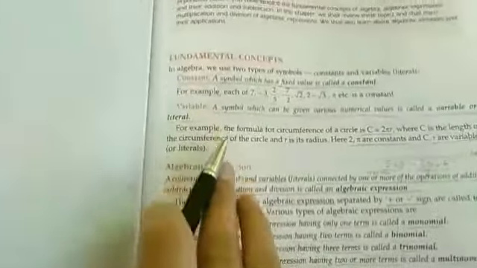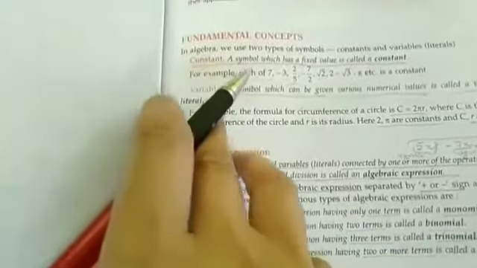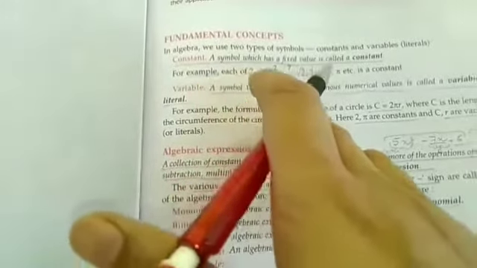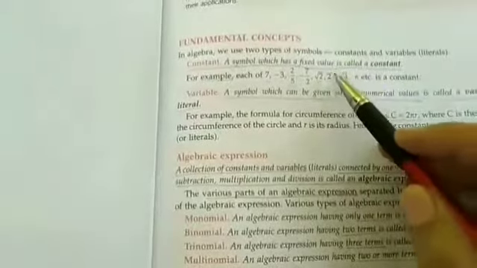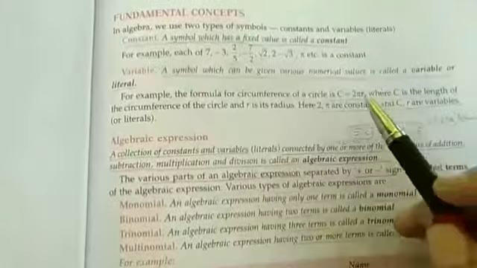Fundamental concepts. I'm going to make you revise the previously taught concepts, which are fundamental concepts. Okay, constant: a symbol which has a fixed value is called a constant. Its value can never be changed. That is why we are calling it a constant.